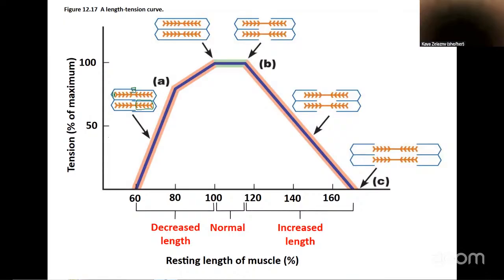So at this point, we also have a decrease in how strongly that sarcomere is going to be able to contract, because it just doesn't have enough room. It can't get much smaller, because to get smaller you'd have to crinkle things up. You're basically blocking yourself with the other half of the sarcomere. So when we say we have an optimal length, this is what we mean. We want the perfect amount of overlap between those myosin heads that form our cross bridges, but we want enough space to be able to shrink without running into other structures.